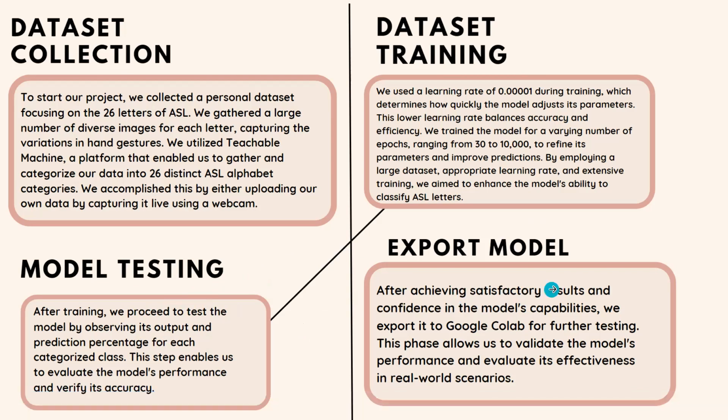Once we have obtained satisfactory results from the model testing, we will export it to Google Colab for additional testing. This crucial step enables us to validate the model's performance and assess its effectiveness in real-world situations. By conducting further evaluation on Google Colab, we can ensure that our model performs well beyond the training phase and meets the requirements of practical applications.